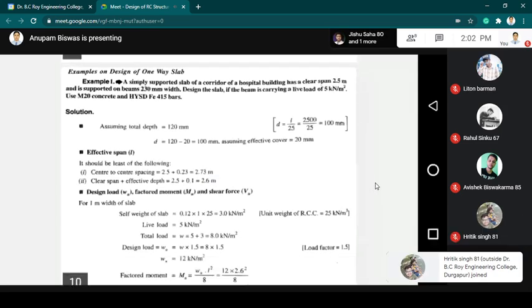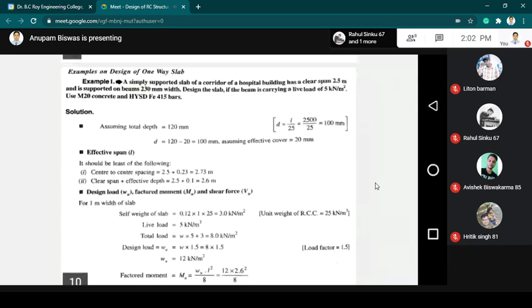Next is your effective span. The effective span should be the least of the following criteria: one is center to center distance between the supports, and another is clear span plus effective depth.